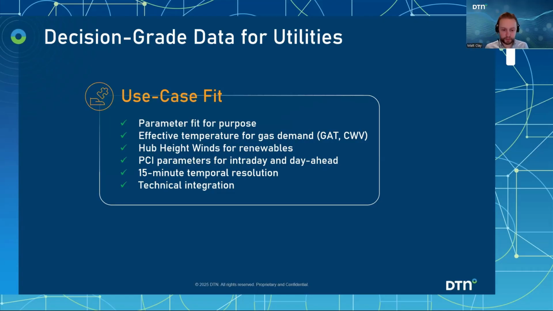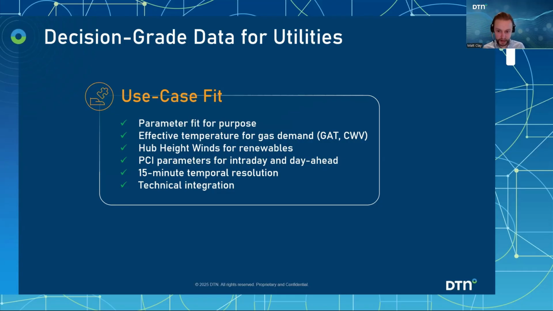Yeah, so we briefly touched on the importance of use case fit, and we see here that might involve selecting the right parameter for your requirements. So if for example we take the effective temperature for gas consumption. Now here we're effectively blending parameters including temperature, wind speed, and radiation, which are all combined to predict the gas demand.